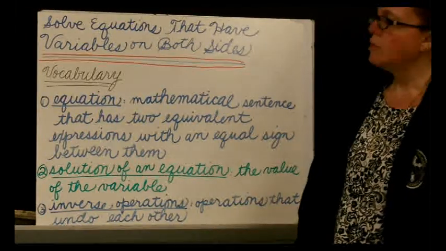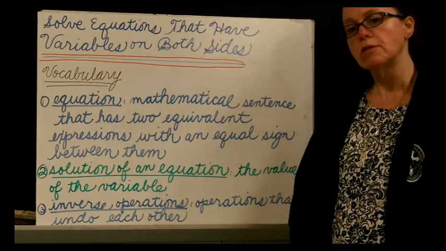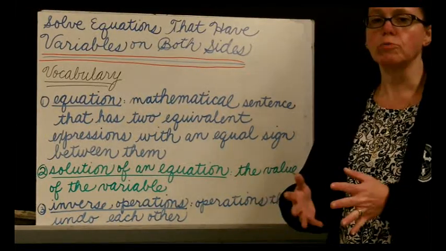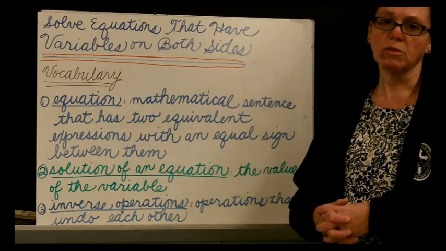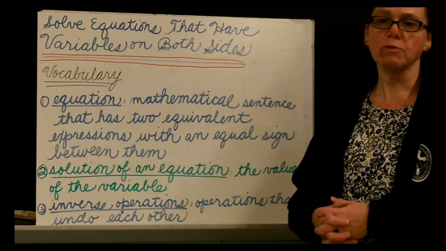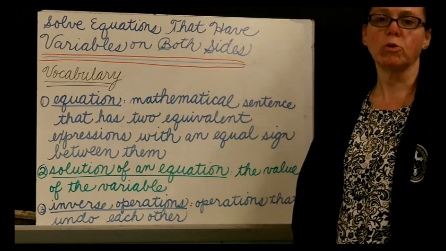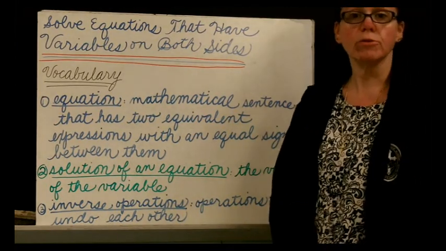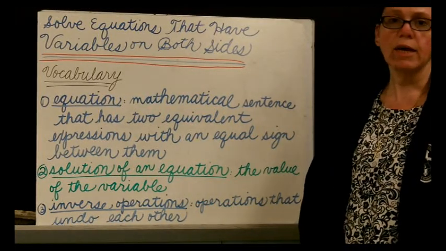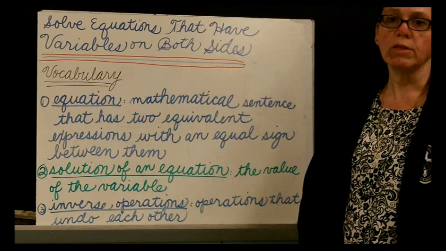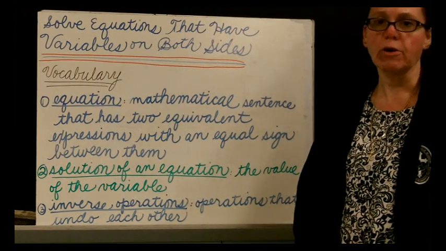Then we started learning about expressions and variables and the different terms, and then we moved into solving equations. And that's what we've been doing for the past few weeks, solving different kinds of equations using inverse operations and always succeeding at our goal, finding out what the variable is, isolating the variable.